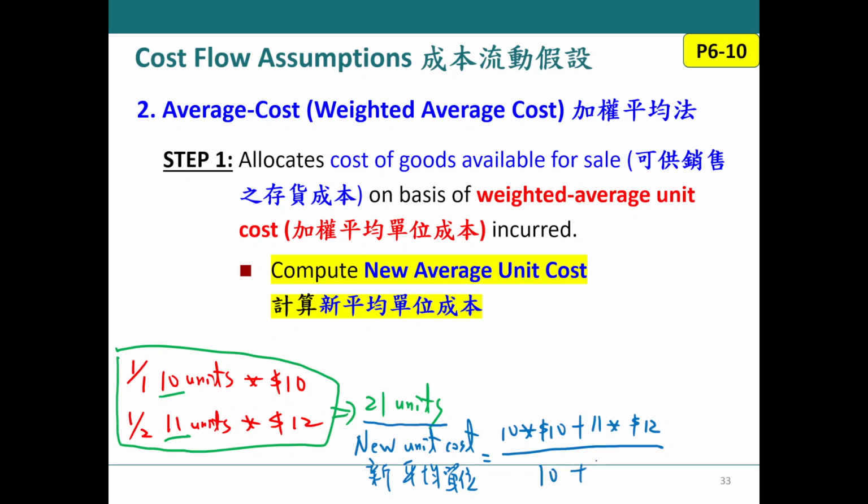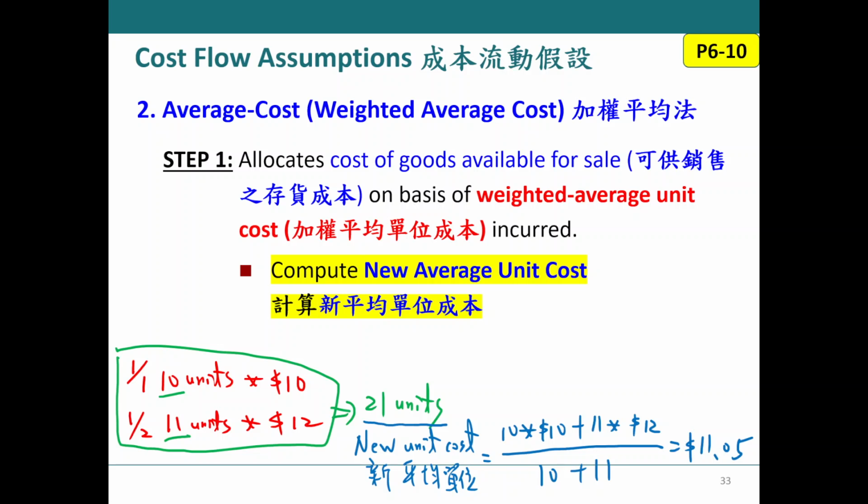So 10 plus 11. So what's our new unit cost? How much? 11.05. Okay? So when we mix together to make it become one new inventory.